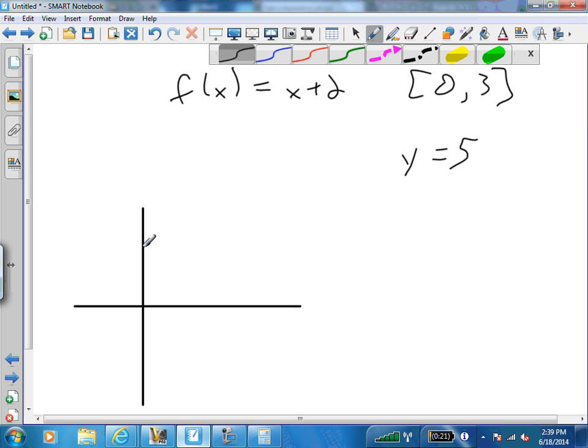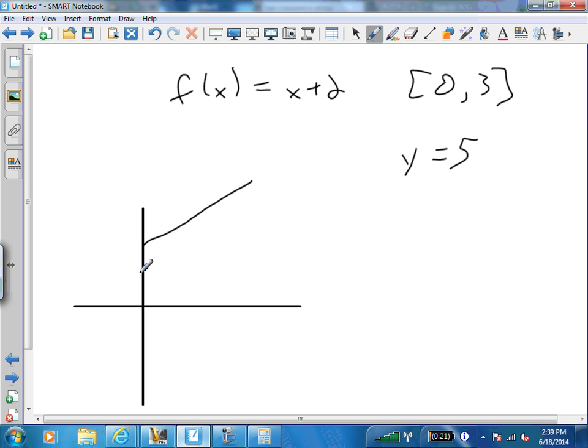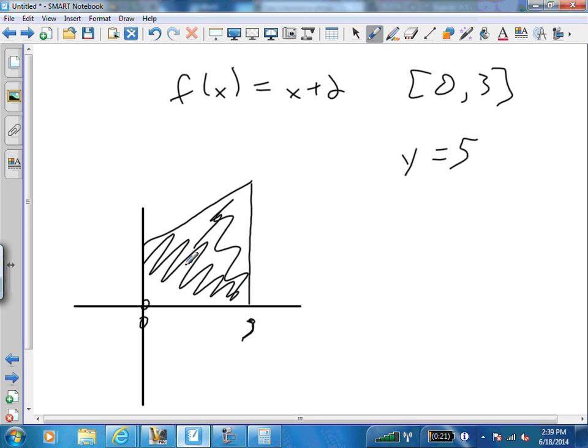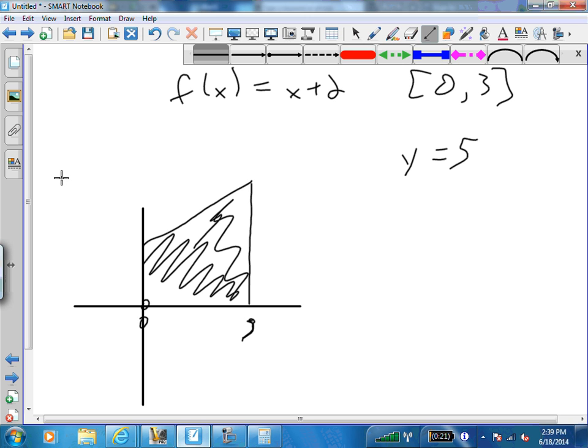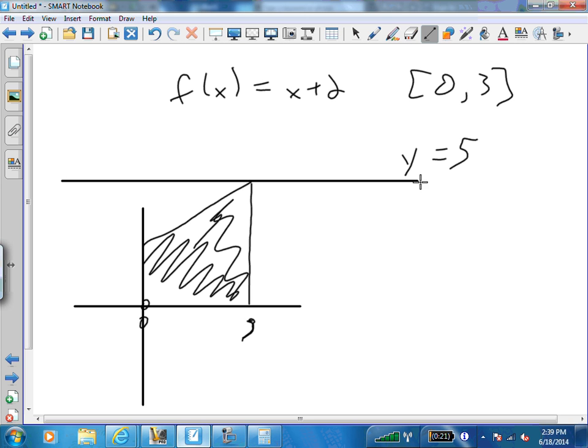So we have this curve, and we're going to take that area and rotate it around y equals 5, which is right here.